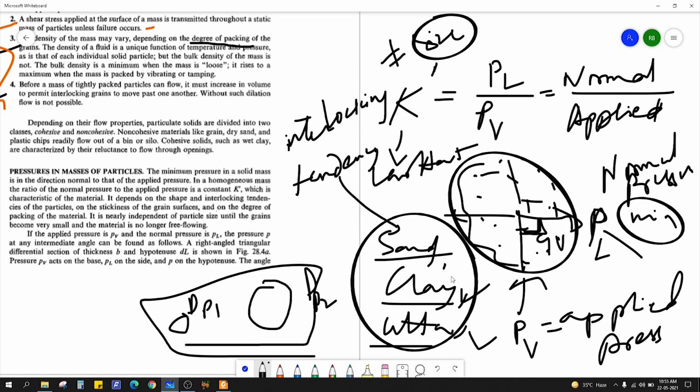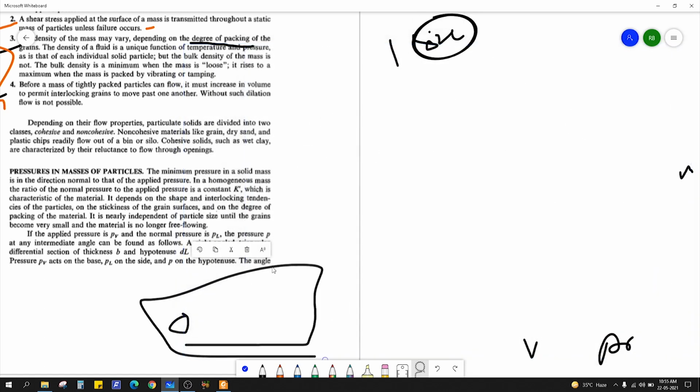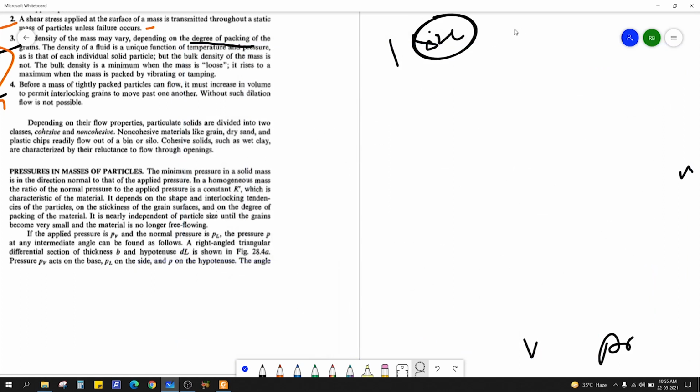Okay. Now let's derive a formula so that I can calculate the pressure at any angle to the applied pressure. Okay. Suppose I take a solid here. A solid is the mass of solid. If I take a small section of here, let's say it is like this.